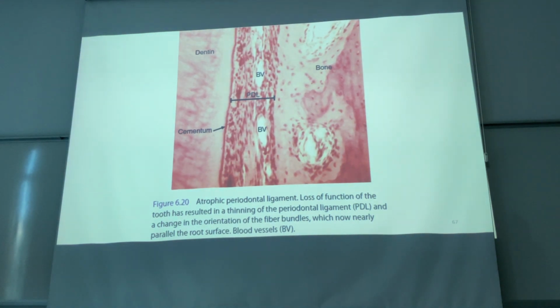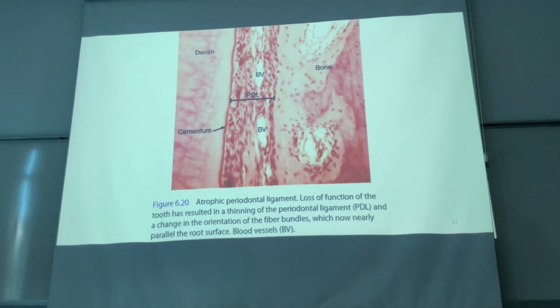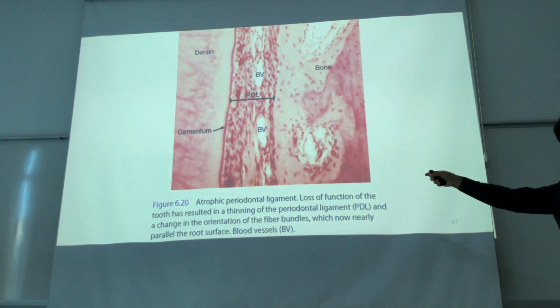Look at the orientation of the fibers. Can you see a different thing here? These are our fibers. Look at this orientation. Instead of a horizontal arrangement, you can see longitudinal fibers. This is because of aging.